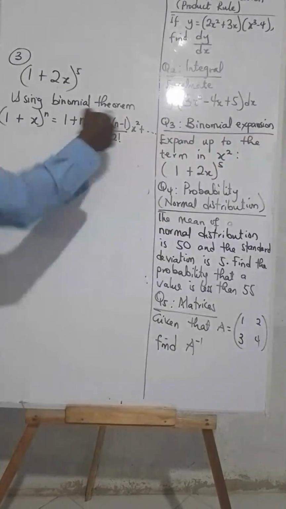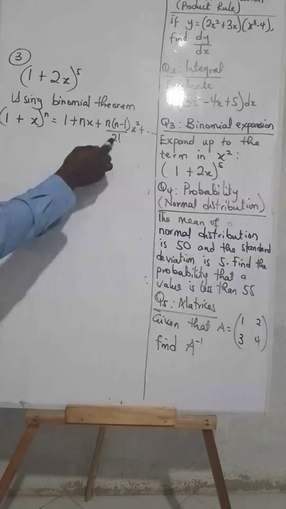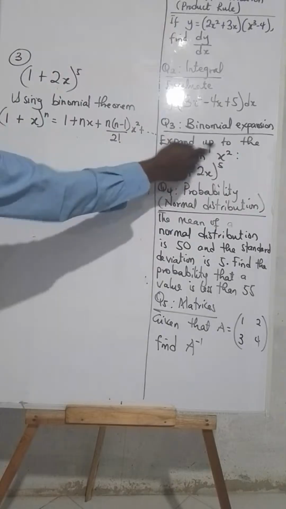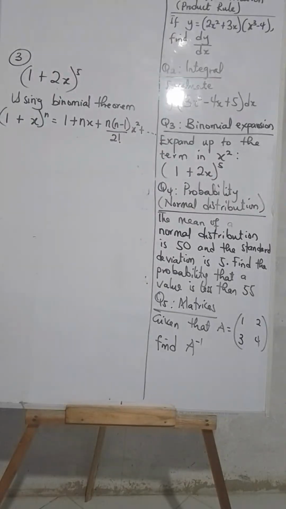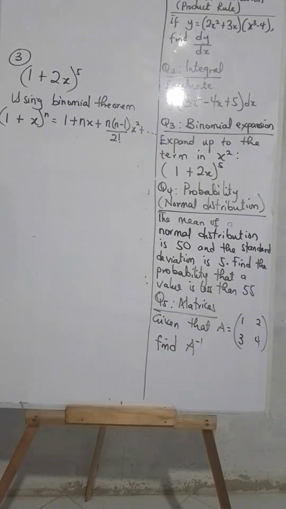But since we are expanding only up to the x squared term, this is where we stop. It is the third term, you can continue, but our question is saying term in what? x squared. So the x squared, when we get there, we need it.